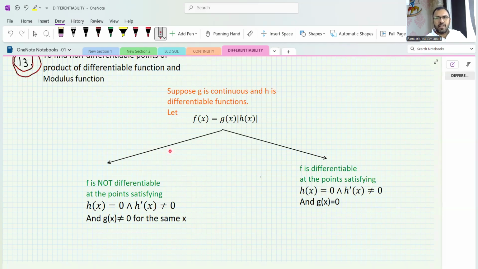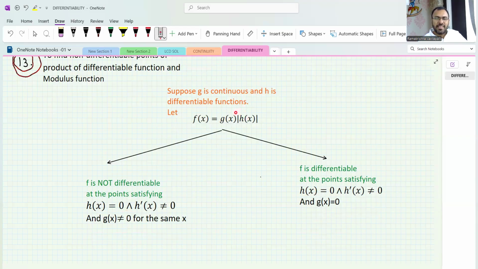Directly we write that f is not differentiable at the points satisfying h of x equal to 0, h dash of x not equal to 0, and at those points g of x not equal to 0.